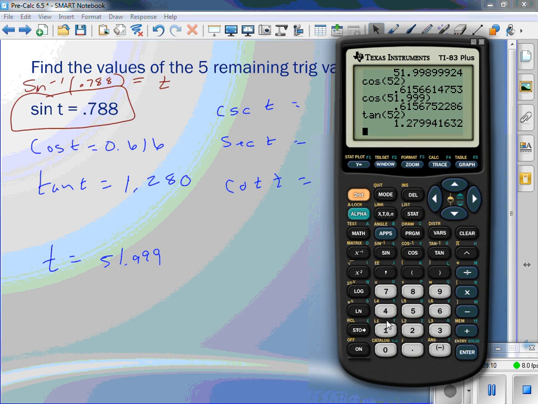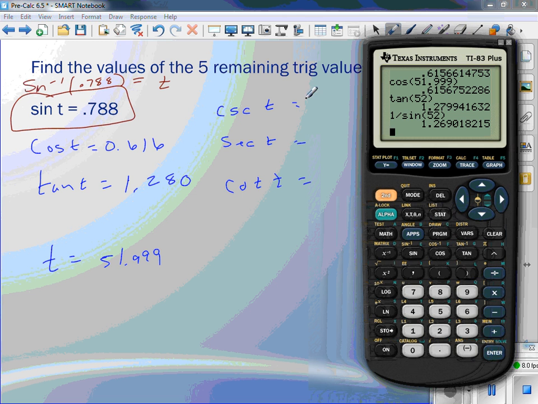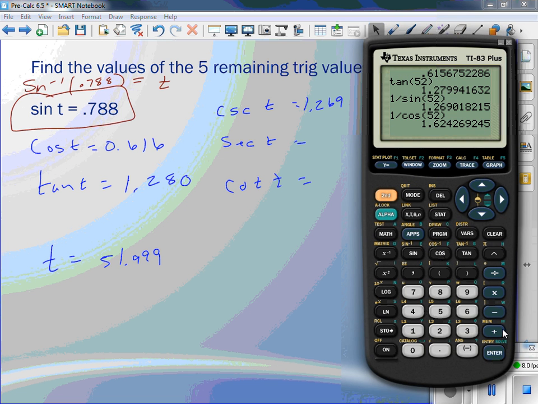I'm going to take 1 divided by the sine of 52, and I get 1.269. 1 divided by cosine is what secant is: 1.624. And cotangent's 1 over tangent of 52. I get 0.781. This looks very similar to the first section we did. It's just worded a little bit differently.